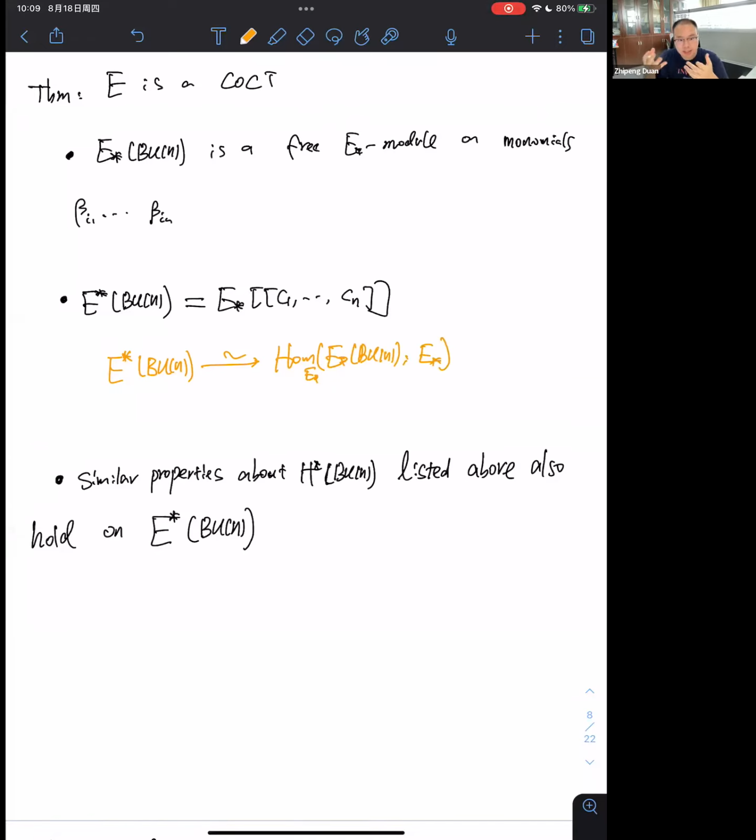And under this isomorphism, the class ci will be mapped to the dual vector of beta 1 to the i. And this class is called the generalized Chern class because it enjoys similar properties as the Chern class in singular cohomology. In some literature it is also called the Conner-Floyd Chern class.